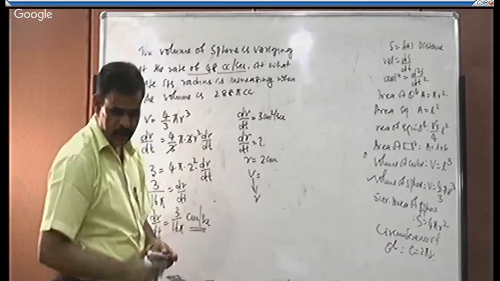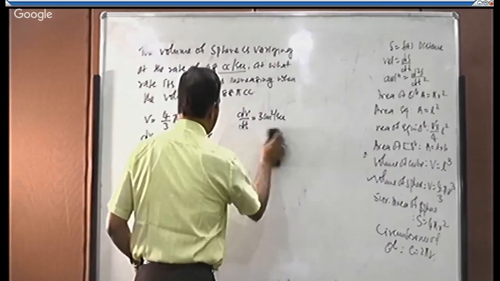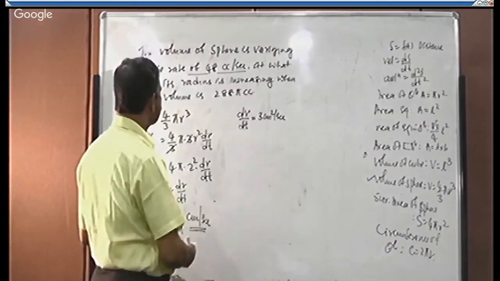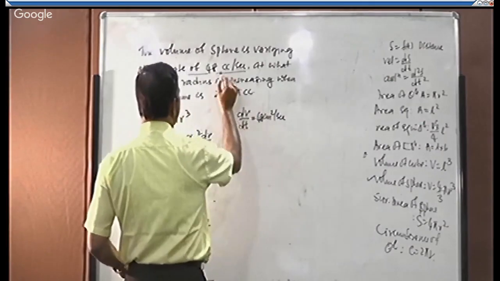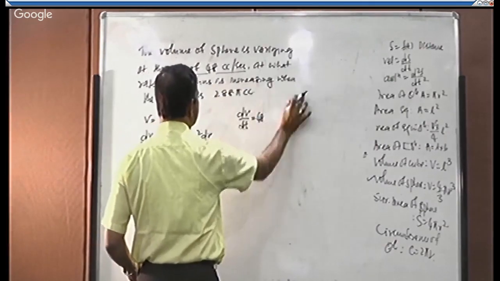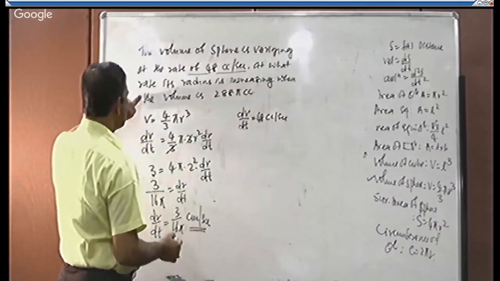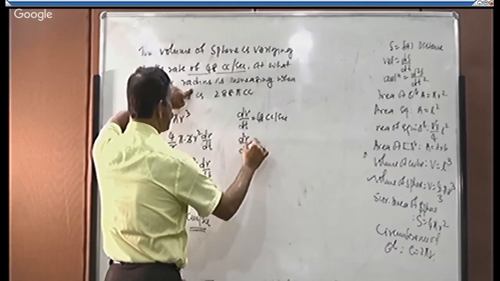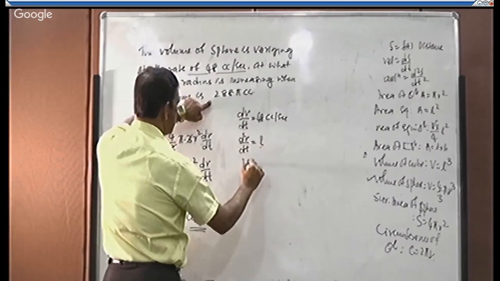First take the given thing. What is the given thing? dV by dt is 48 cc per second. Correct? We have to calculate the rate of change of radius, that is dr by dt. When is it asked? Volume is given.